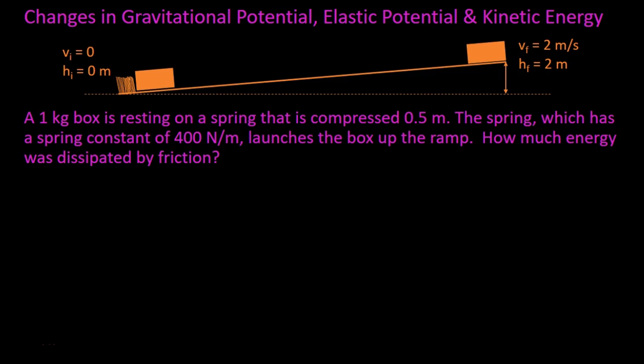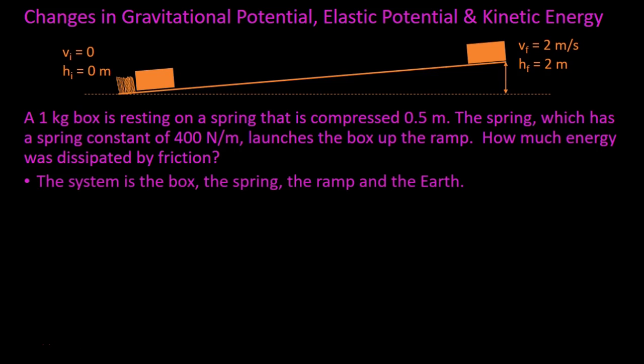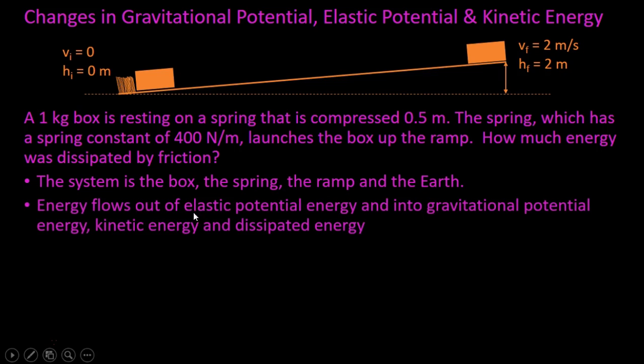We can see that the spring constant here is 400 newtons per meter. We'll need that information. Well, first, the system is the box, the spring, the ramp, and the earth. Energy flows out of the elastic potential mechanism because the spring goes from compressed to its normal equilibrium position, and there's energy flowing into the gravitational potential energy mechanism, the kinetic energy mechanism, and the dissipated energy mechanism.